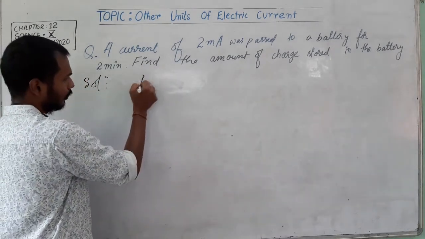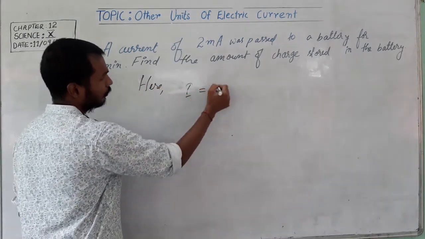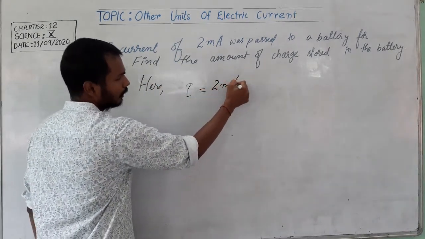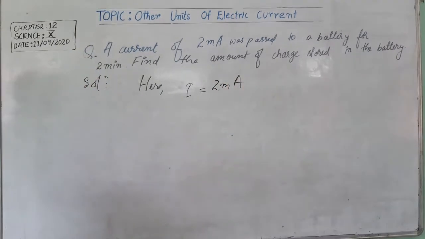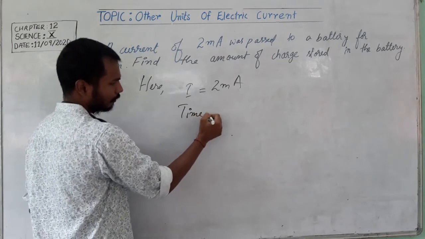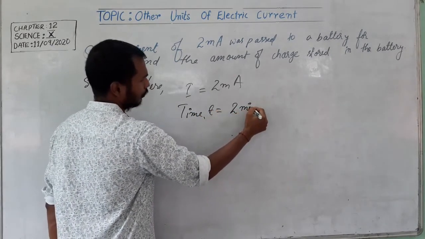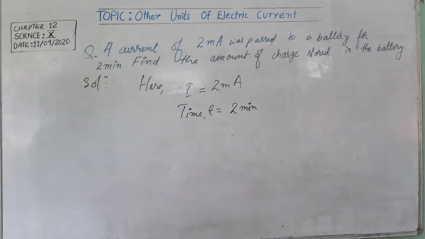We have given here: current is equal to 2 milliampere, time is equal to 2 minutes. Now you are asked to find the charge stored in the battery.